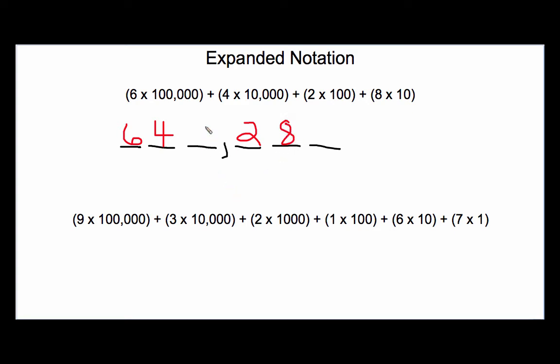Now, I need to add zeros to hold these places in these other numbers. So 6 times 100,000 plus 4 times 10,000 plus 2 times 100 plus 8 times 10 is the number 640,280.